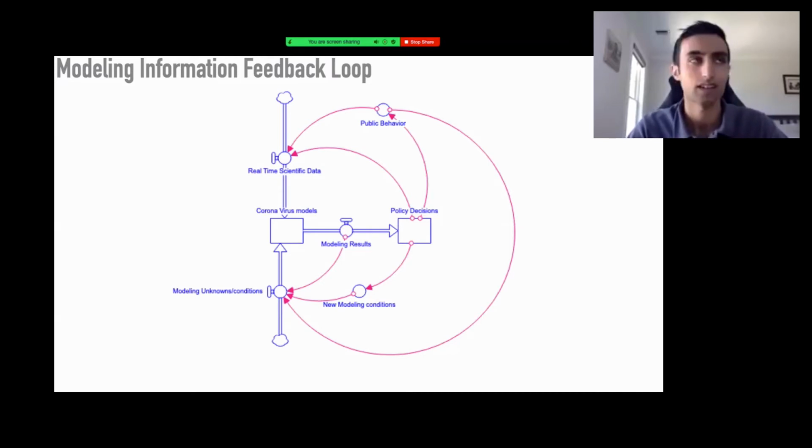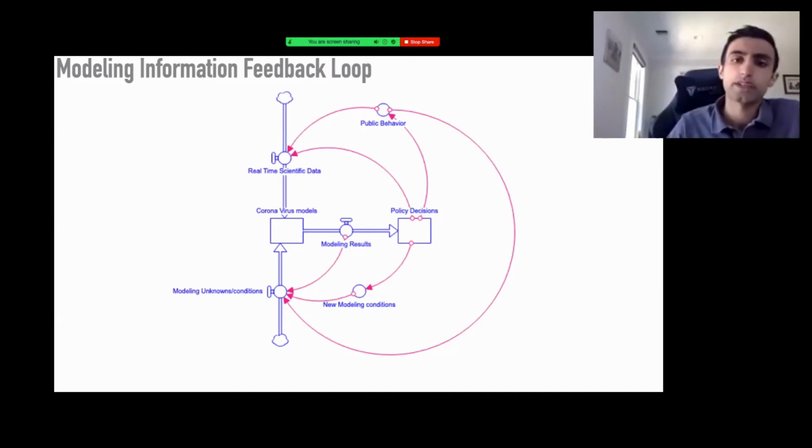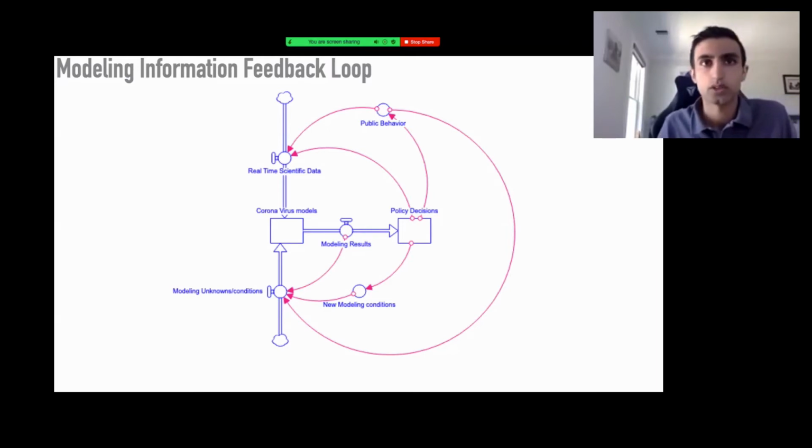And it goes back and forth in a feedback loop until eventually public behavior and policy flatten out, and that could be flattening out at staying in quarantine with no movement whatsoever, or it could be flattening out at staying without lockdown and going on with our normal lives.